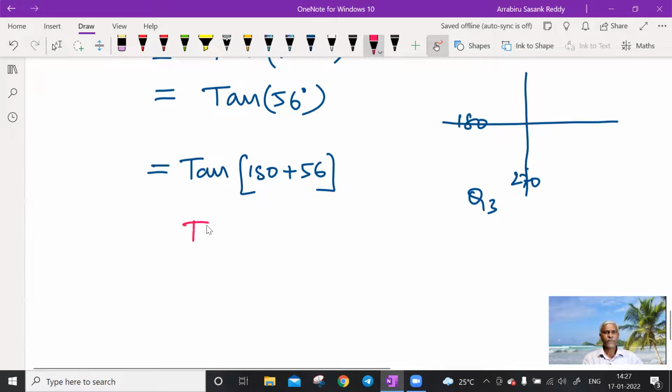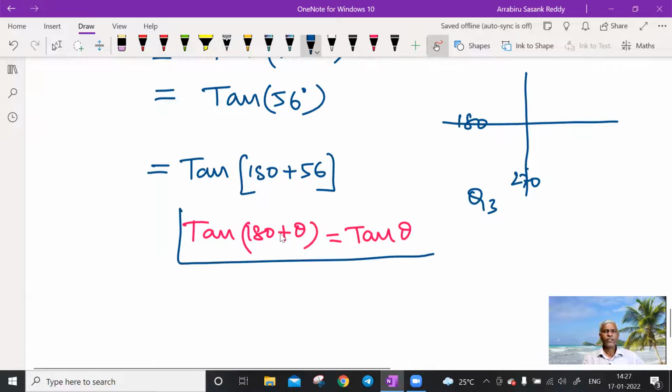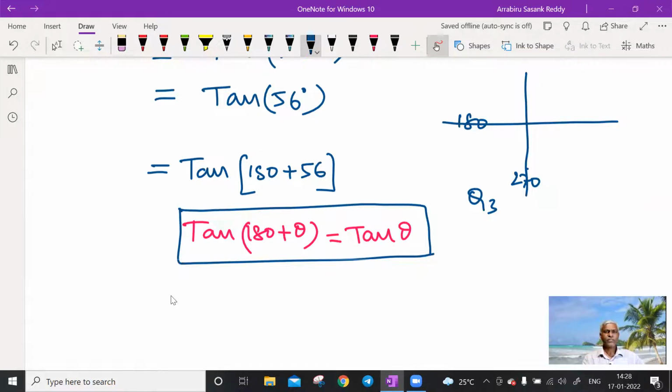Since tan of 180 plus theta is equal to tan theta, tan 56 can be written as tan of 180 plus 56, which is tan 56 only.